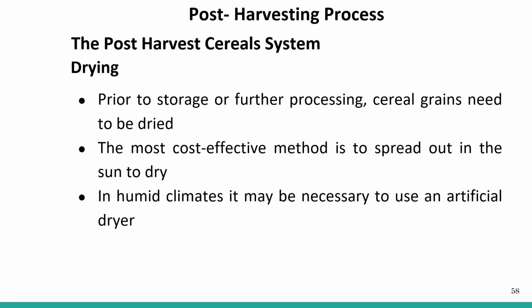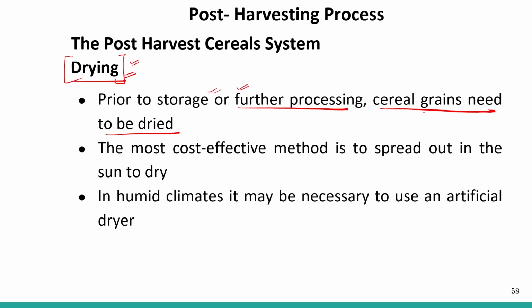This we have covered. Prior to storage or further processing, cereal grains need to be dried. So once it is parboiled, then we go for the drying. This is very important. We cannot store seed which is wet, right? So if we want to store it, it goes through the drying process.